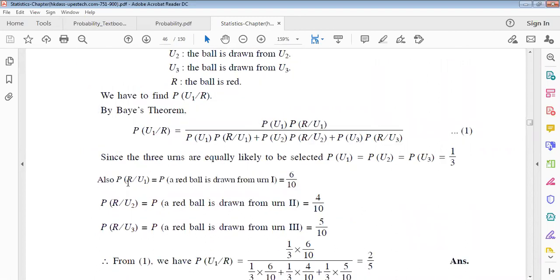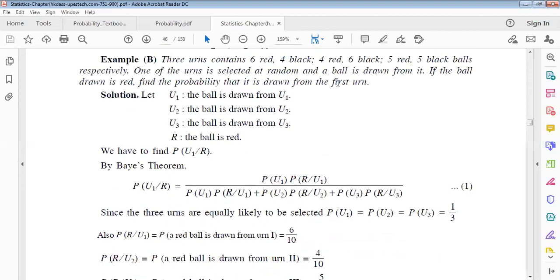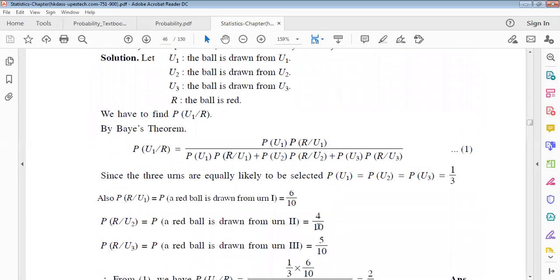Now the probability of a red ball when it comes from u1, a red ball drawn from the first urn, equals: in the first urn there are 6 red balls and 10 total balls. Similarly, a red ball drawn from the second urn: in the second urn there are only 4 red balls, but 10 total balls, so 4 by 10.